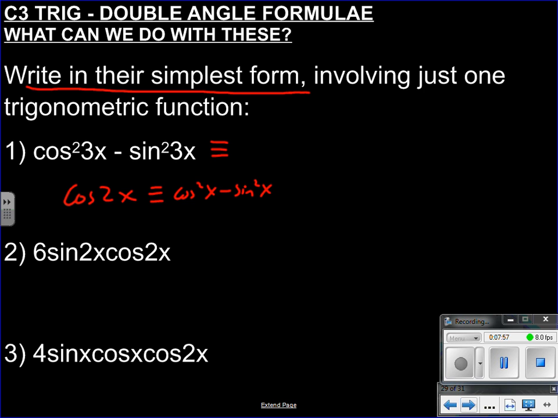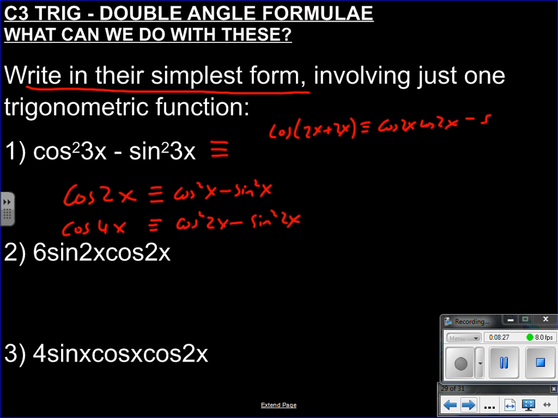But go back to where this came from, because cos 4x is exactly the same as cos squared 2x take sine squared 2x, right? Think about where these things are made from. Cos 4x is the same as cos of 2x plus 2x, so that's cos 2x cos 2x minus sine 2x sine 2x, which is cos squared 2x take sine squared 2x.